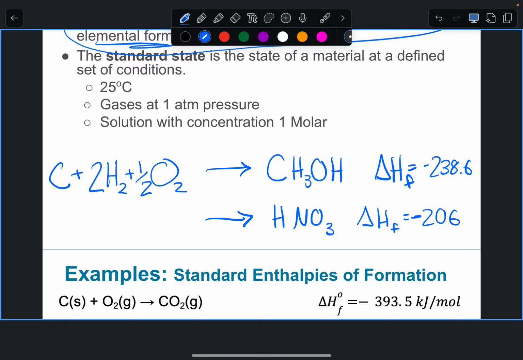Most of these are negative because most compounds, when they form from their elements, will release energy. Some of them are not.